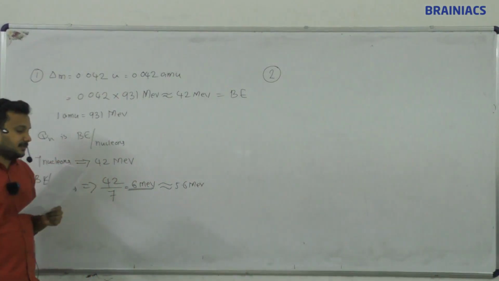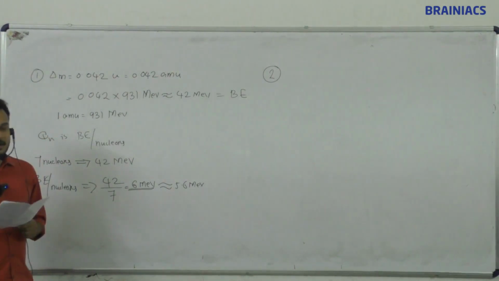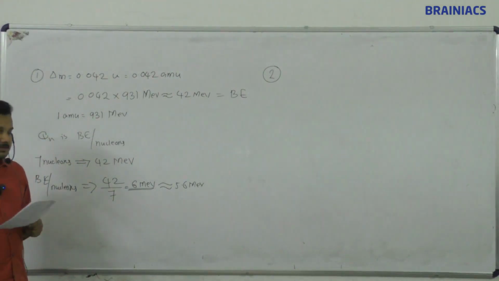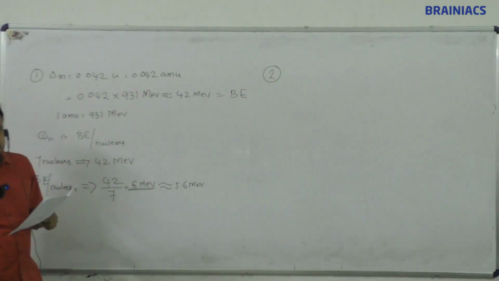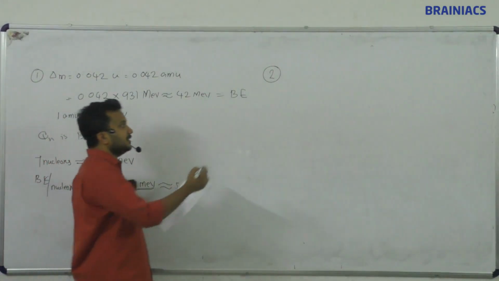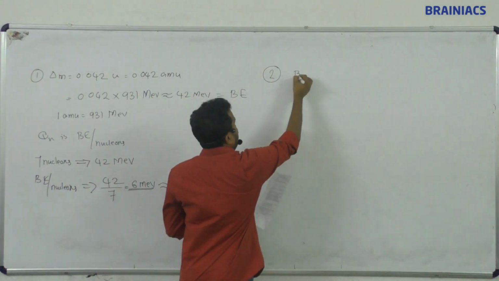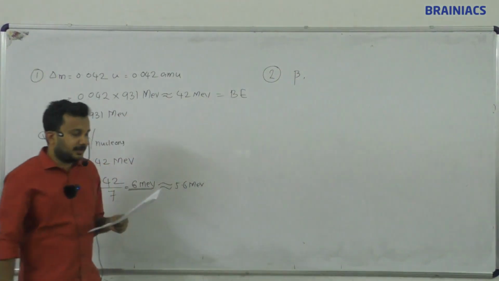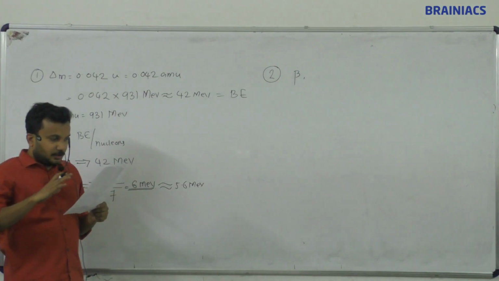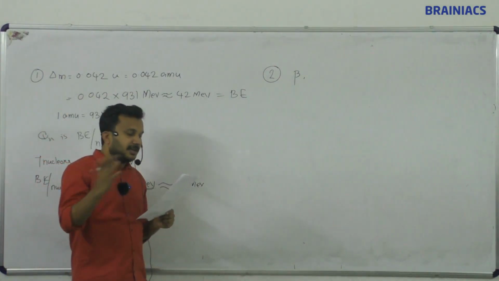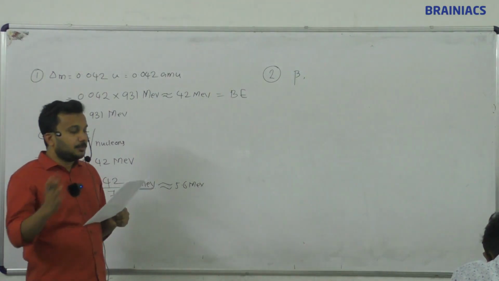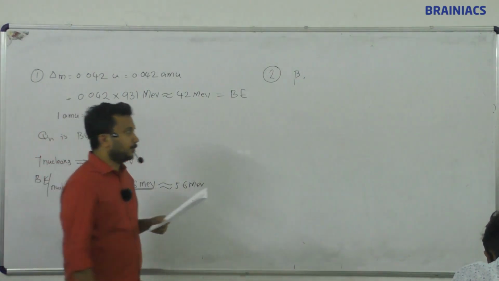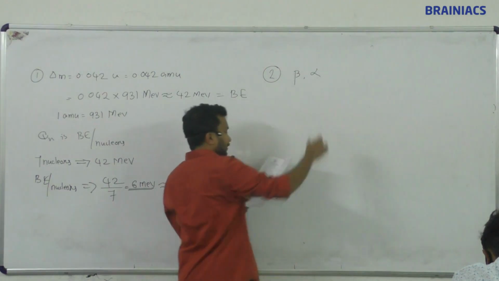The particles emitted in the sequence are: first, the atomic number increases by 1, so it is a beta particle. Second, the atomic number goes from Z plus 1 to Z minus 1, a decrement of 2, and the mass number also decreases by 4, so it is an alpha particle.